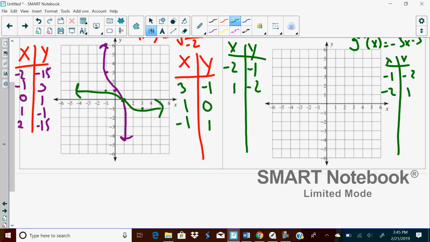So this one, negative 2, negative 1, and 1, negative 2. That would be one of my graphs. And then the other one was negative 1, negative 2, negative 2, 1. So the other graph would look like that.